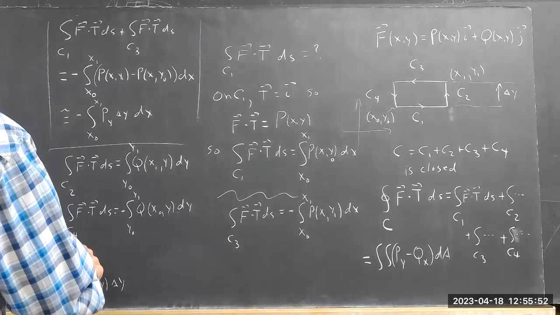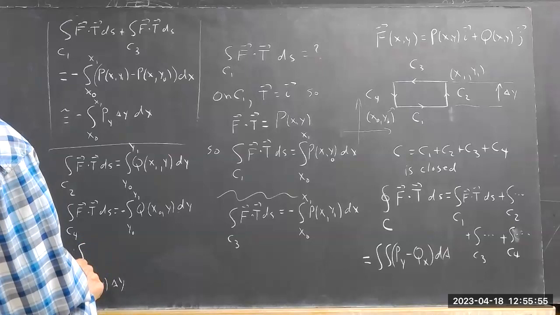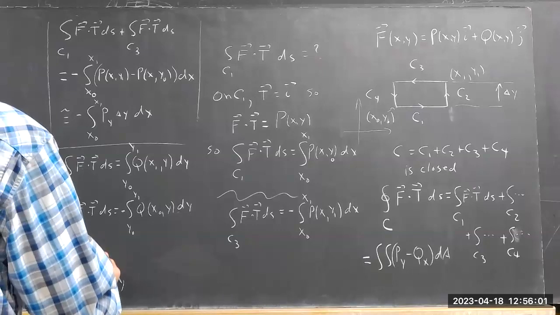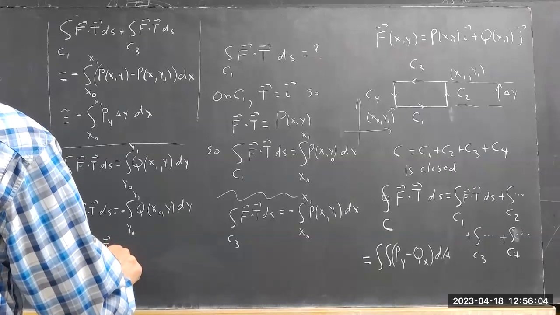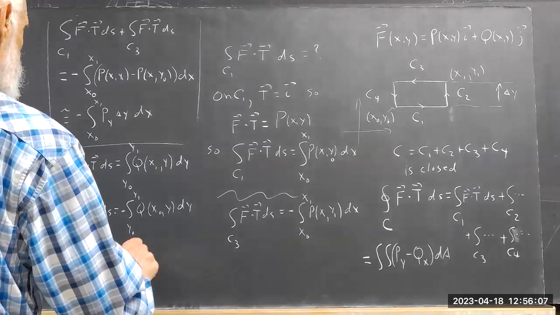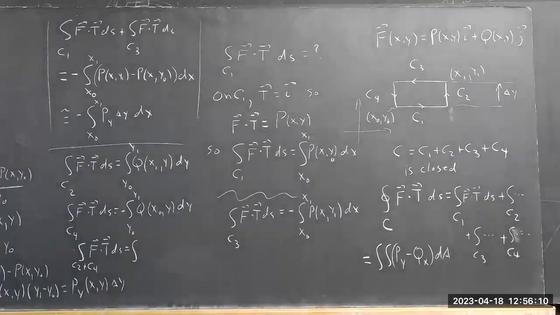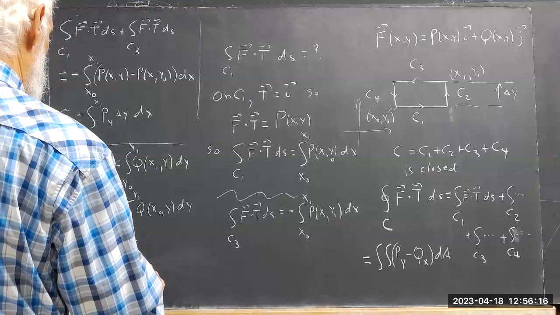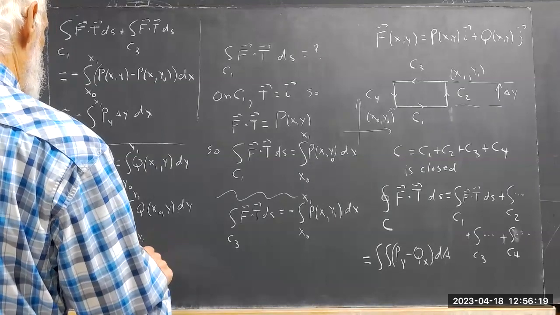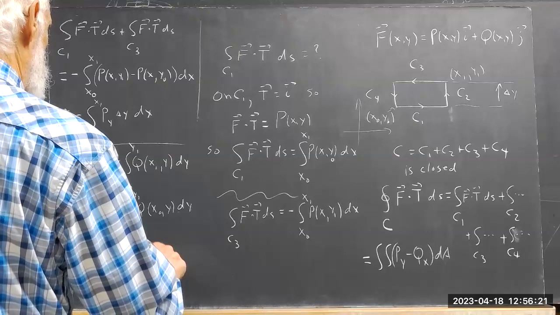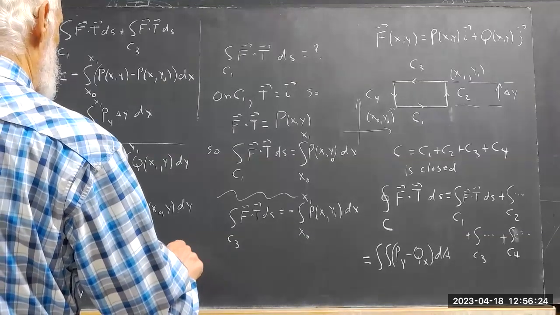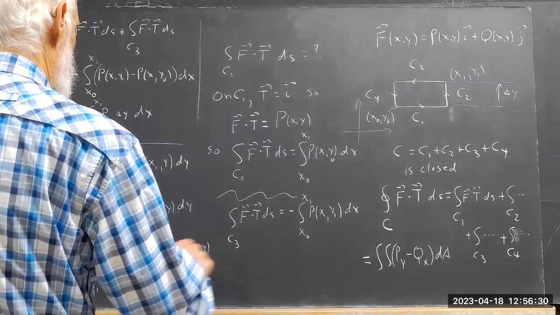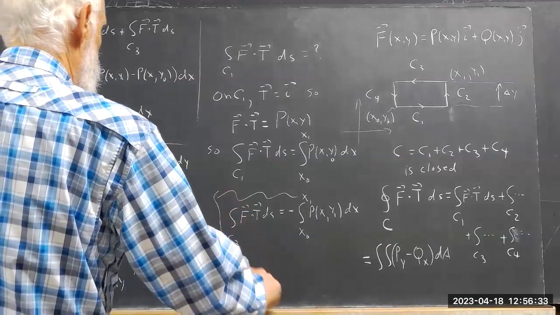So the integral over C2 plus C4 of L dot T ds is the integral from y0 to y1 of q of x1, y minus q of x0, y dy.